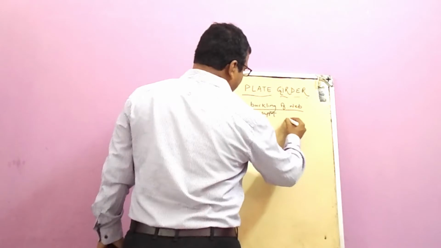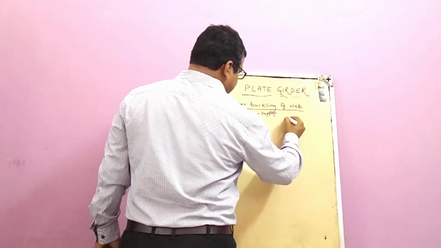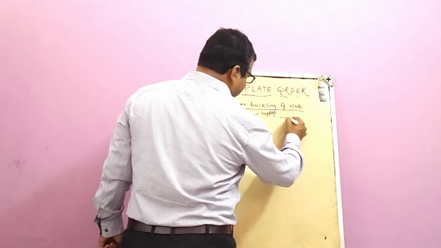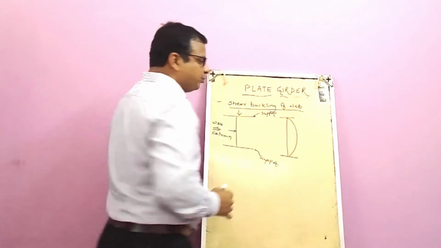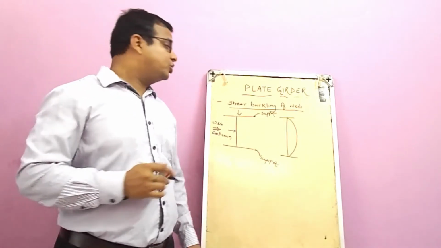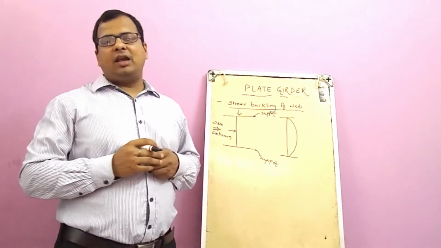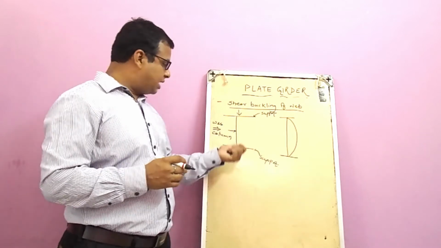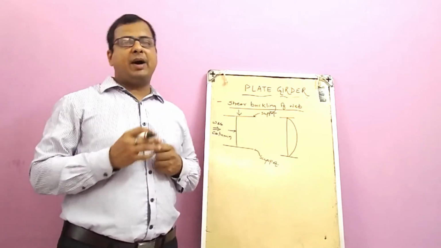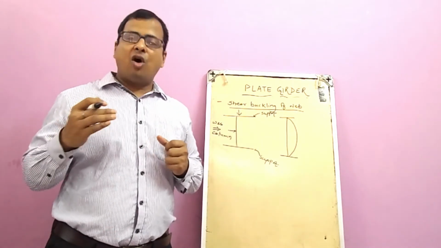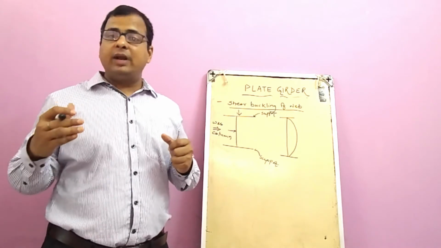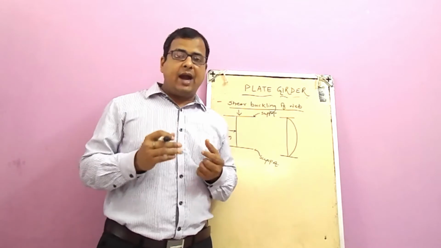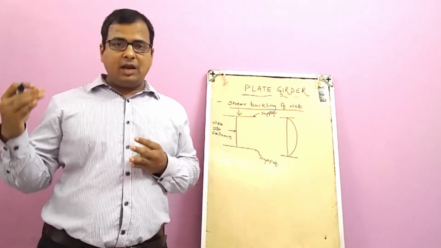So now what will happen, this web plate will buckle like that. In our case we have to make sure that our web plate should not buckle beyond our permissible limit. So in that case we have to provide some additional elements.